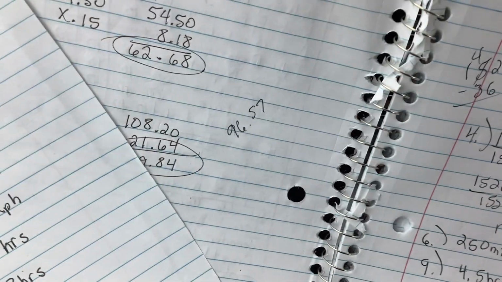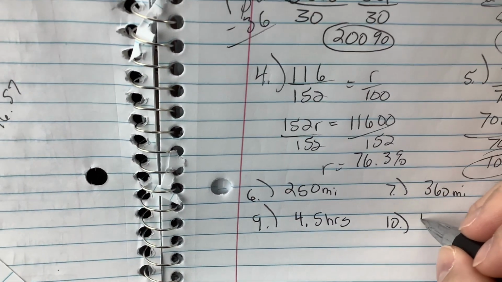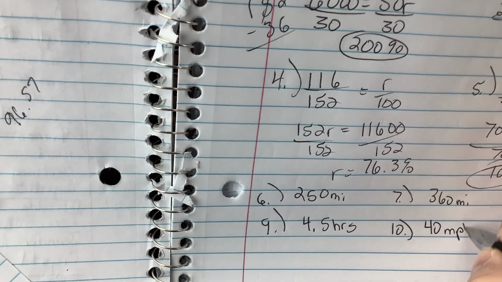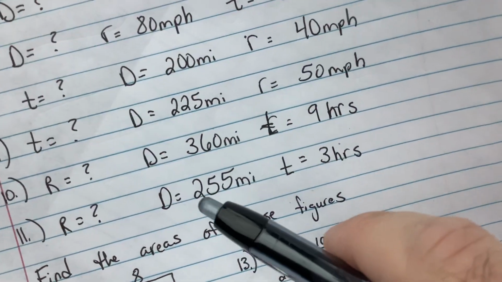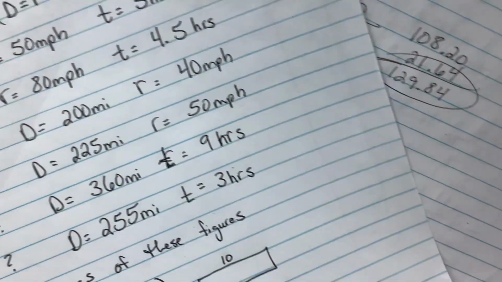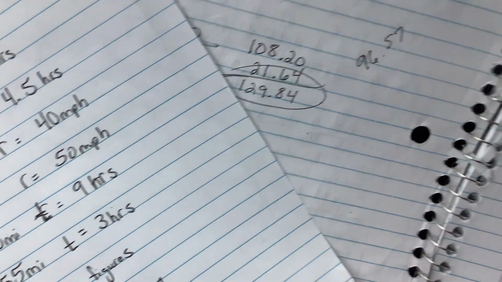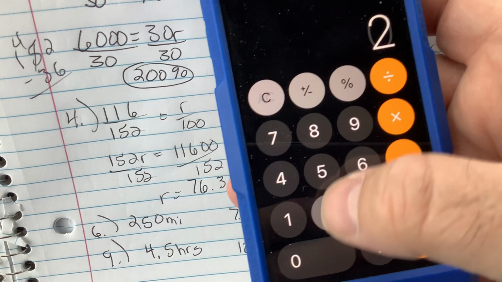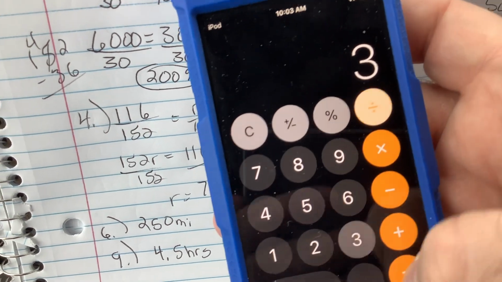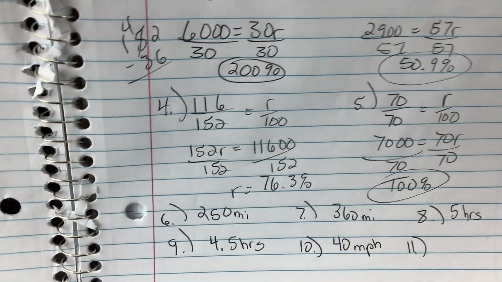You get 40, so you're going 40 miles per hour. Number 11 is 255 divided by 3. So you were going 85 miles per hour.